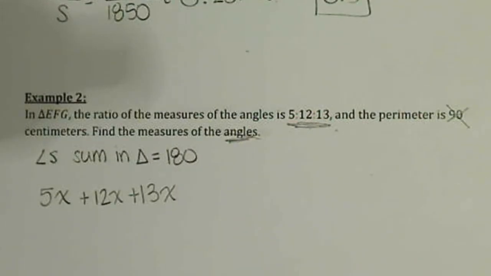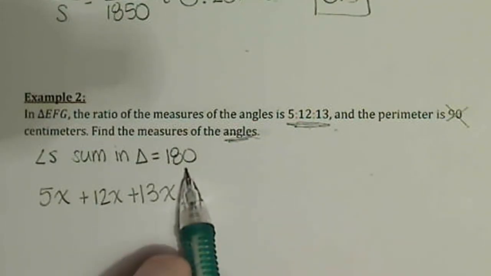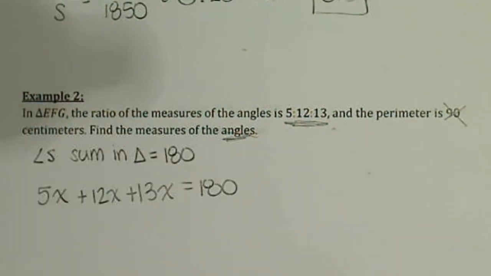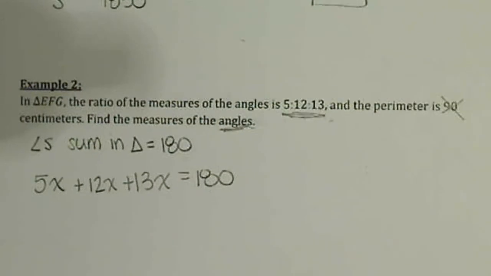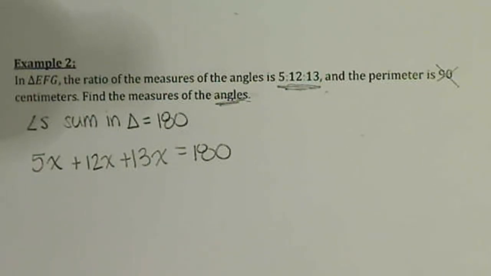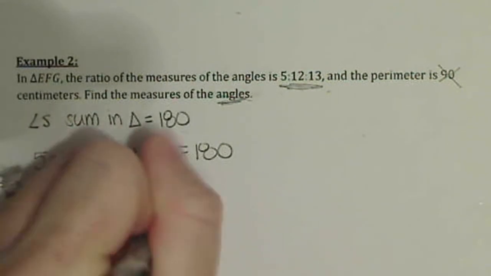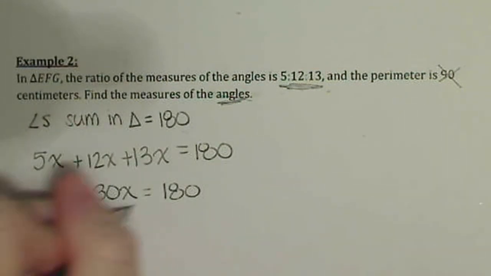That has to add up to the number of degrees in a triangle, which is 180. So let's simplify. Combine our x's. You will get 30x equals 180. Solve for x.